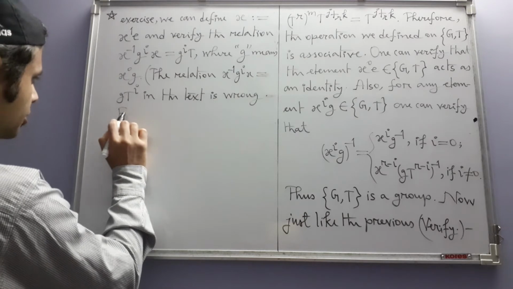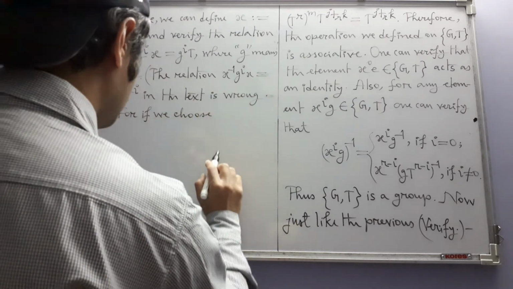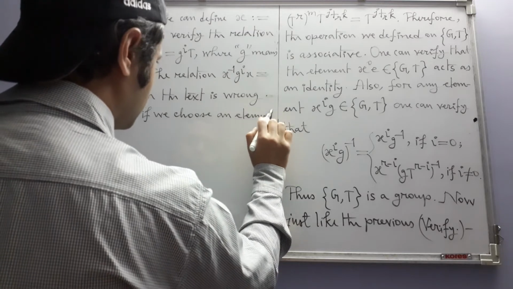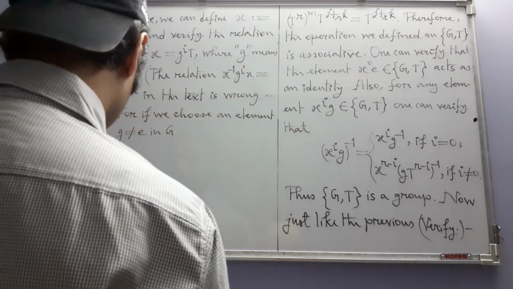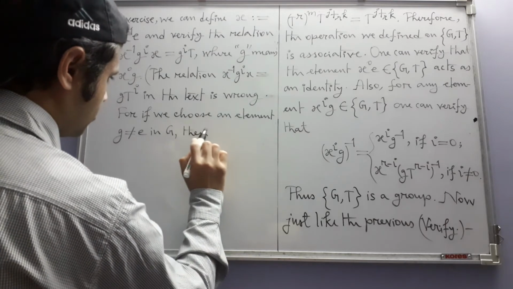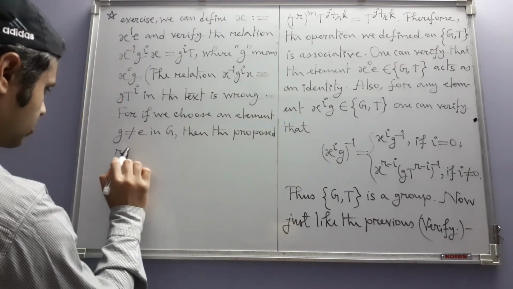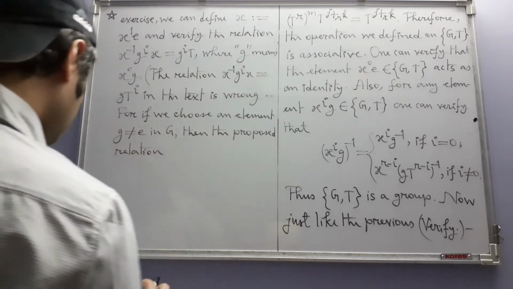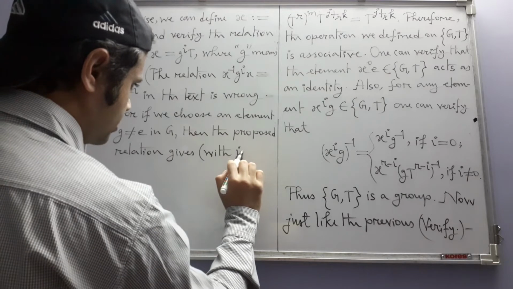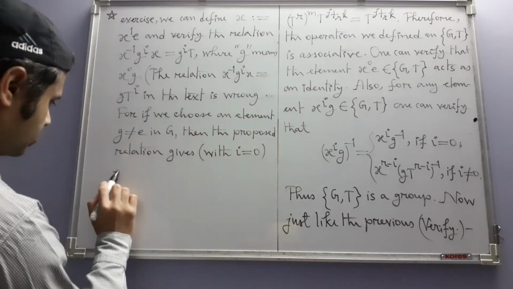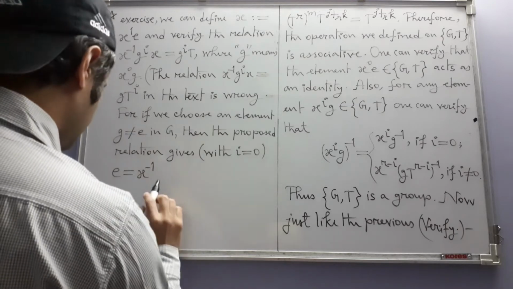For if we choose an element g not equal to e in G, then the relation proposed in the text gives, if one considers the case i equal to 0, e equal to x inverse e x.